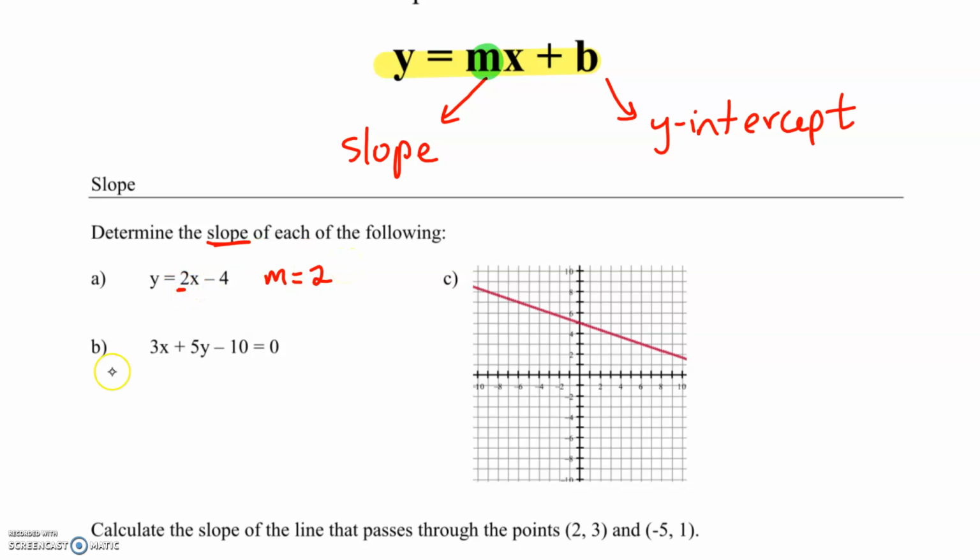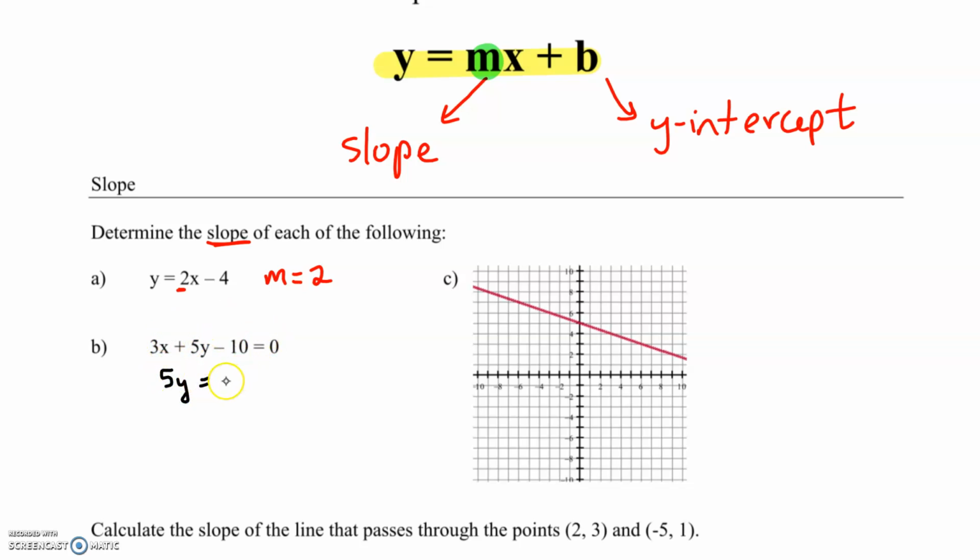Now when I come down to b, this equation is not in the form mx plus b. So I can't find the slope by looking at what's in front of the x. I have to change this into mx plus b form. I'm going to do that by isolating y. So I'm going to leave 5y on my left side.